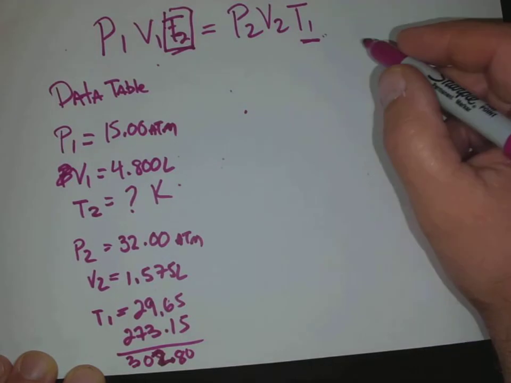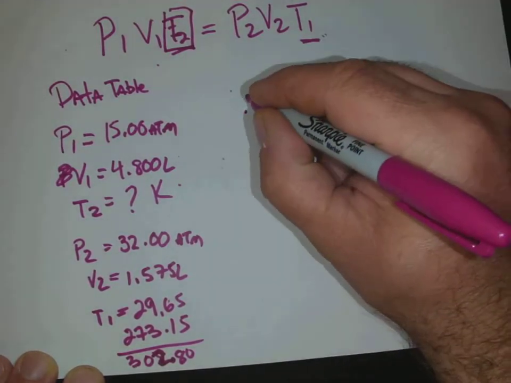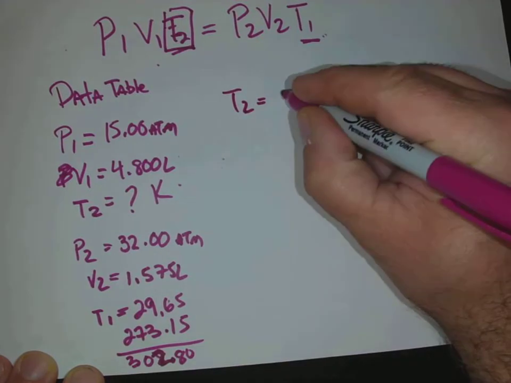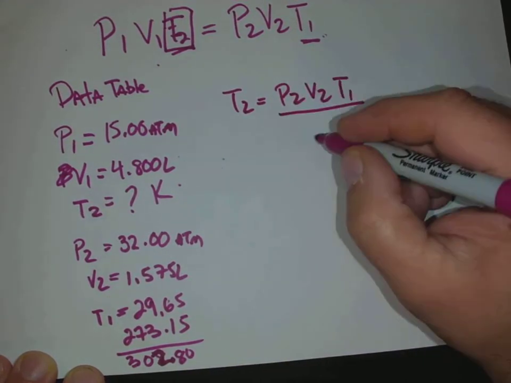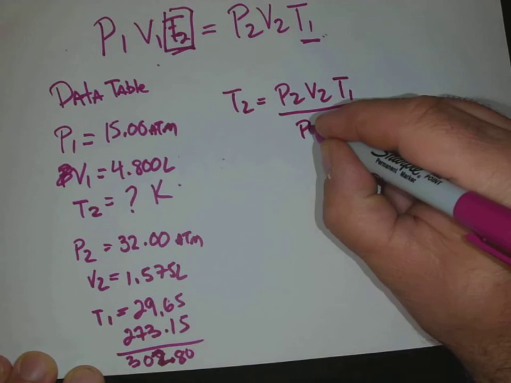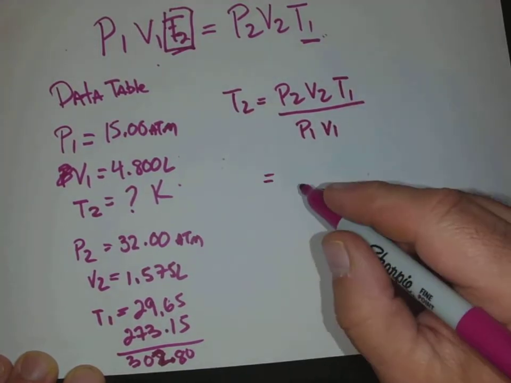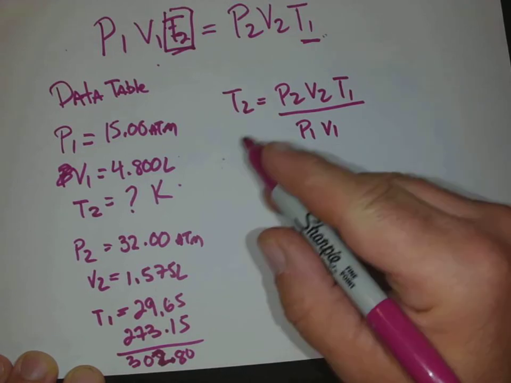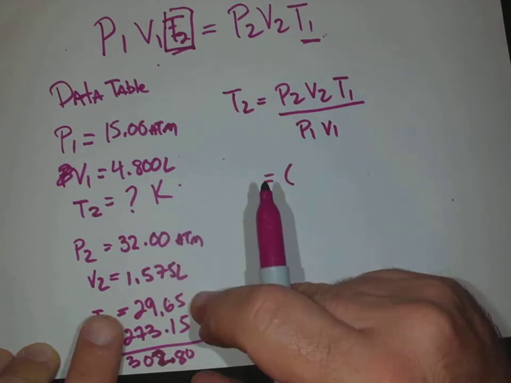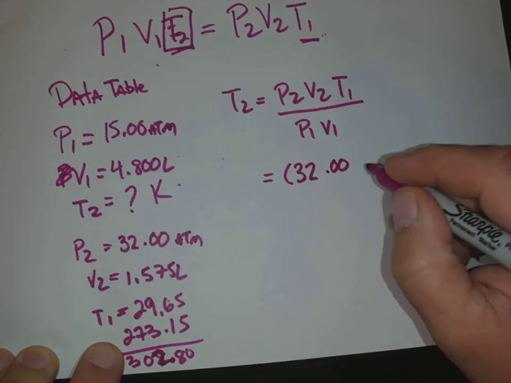If you really want to rearrange the equation to solve for T2, then it would be T2 equals P2 over V2 times T1 divided by P1 over V1. And then you could just plug in P2, again 32 atmospheres.